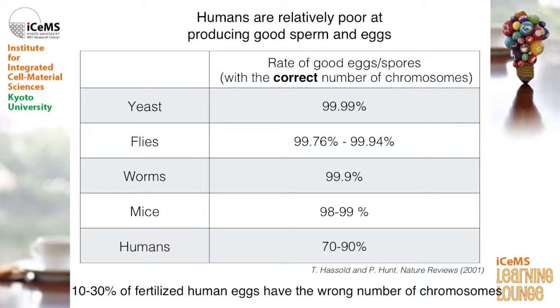Because having healthy offspring is essential for the maintenance of a species, everyone tries to do meiosis as accurately as possible, but compared to other organisms that can produce a 99.99% success rate, humans have roughly 70 to 90% of eggs, for instance, that carry the correct number of chromosomes, which means that 10 to 30% of fertilized human eggs are carrying the wrong number of chromosomes.